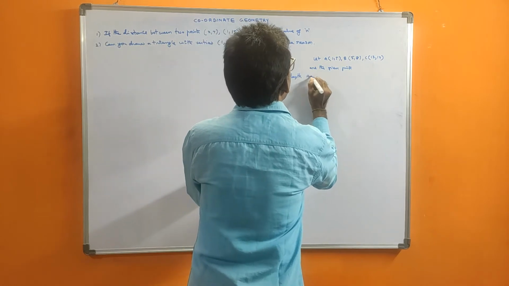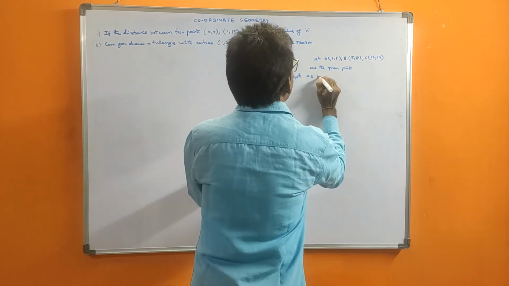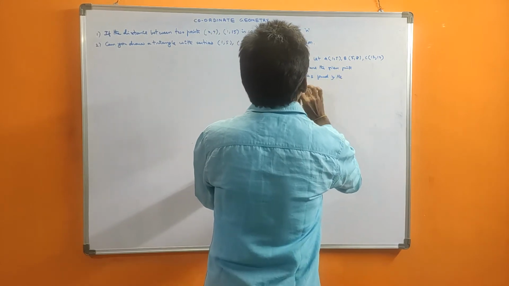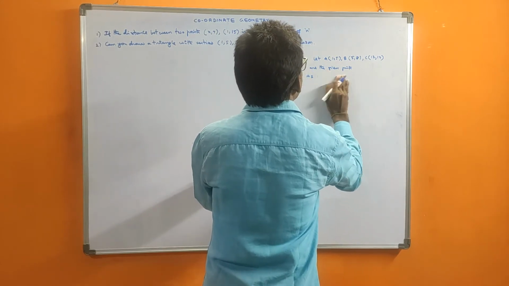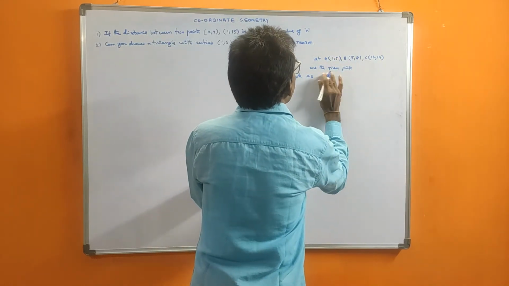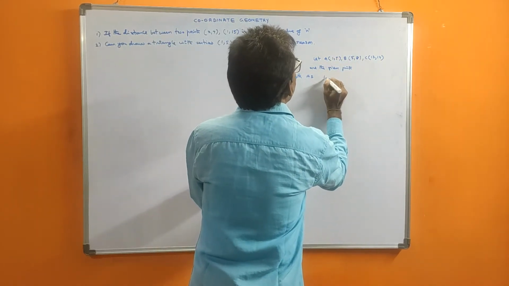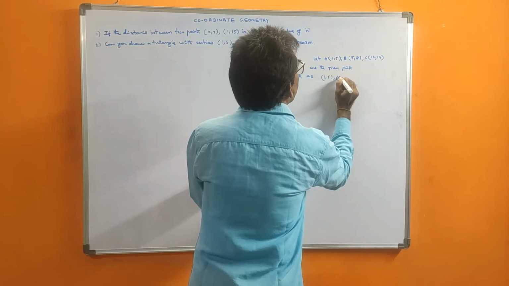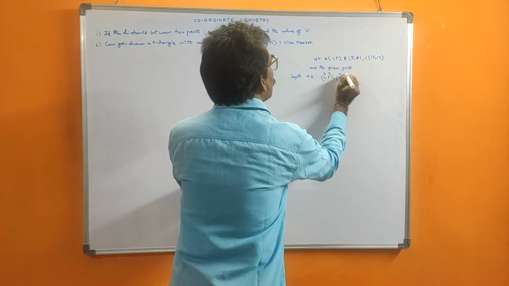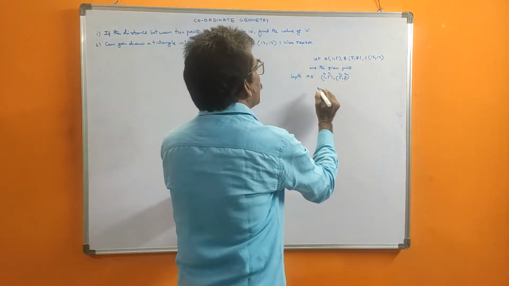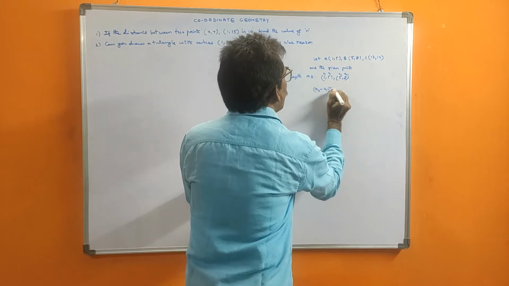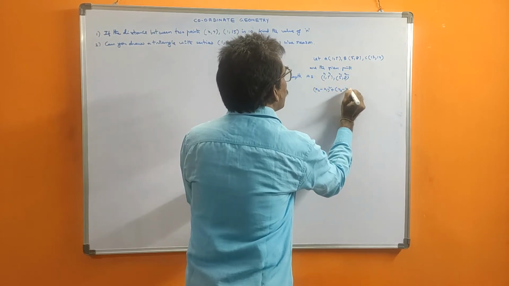Length AB. The points are A (1, 5) and B (5, 8), as x1, y1, x2, y2. Length AB we are finding. The formula is the square root of (x2 minus x1) whole square plus (y2 minus y1) whole square.